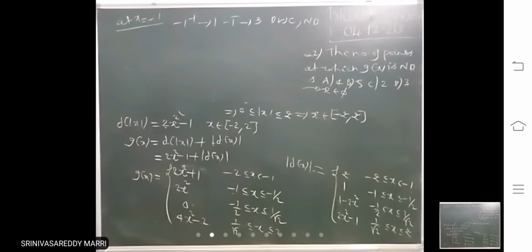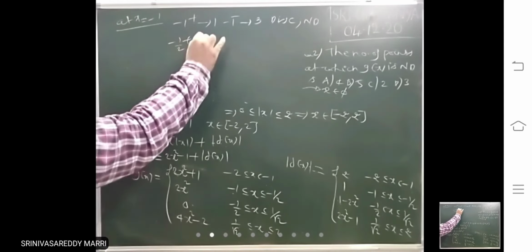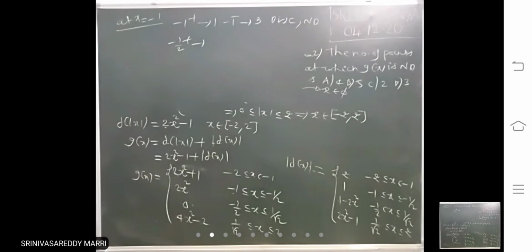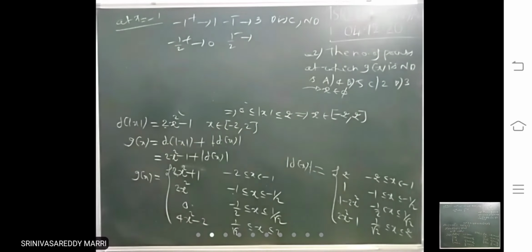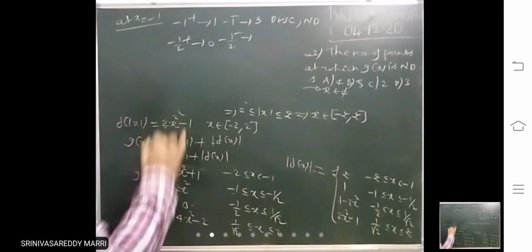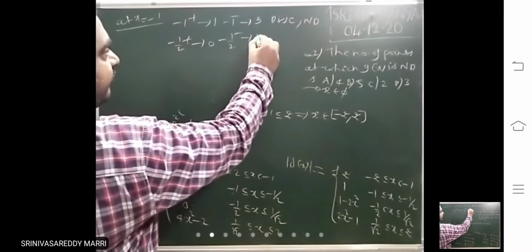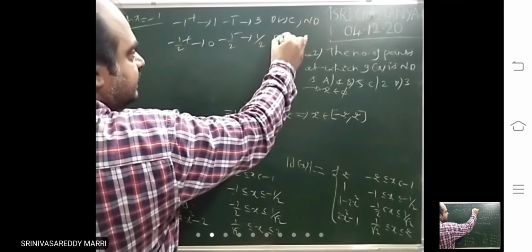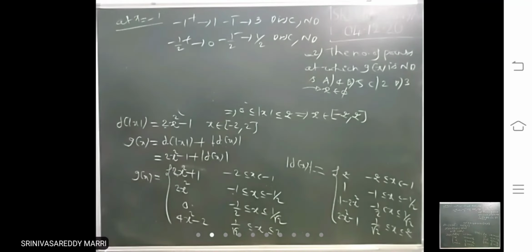That means not differentiable. So next, -1 by 2. At -1 by 2 plus, the limit is 0. At -1 by 2 minus, the left hand limit is 2x square, that means 2 into 1 by 4, 1 by 2. That means not equal. Discontinuous. That means not differentiable.